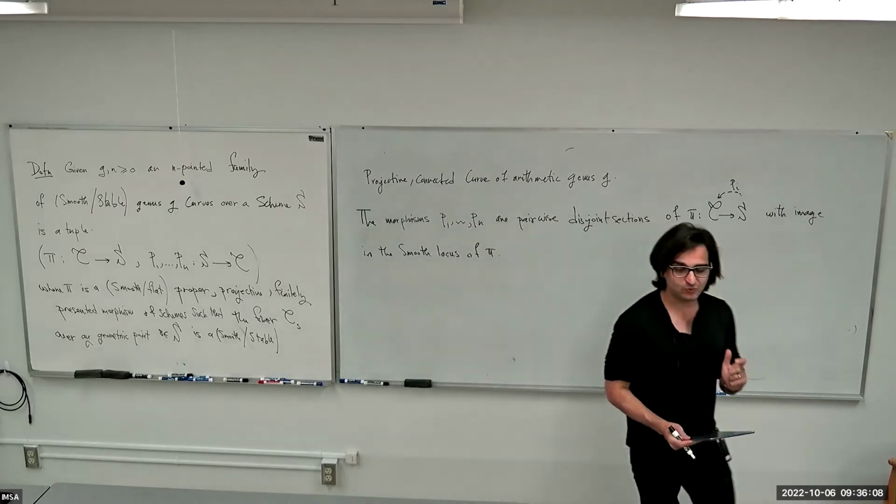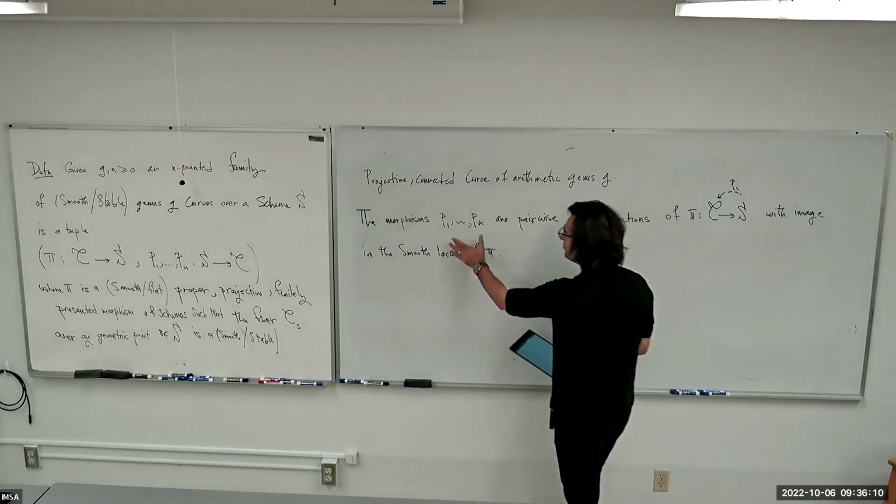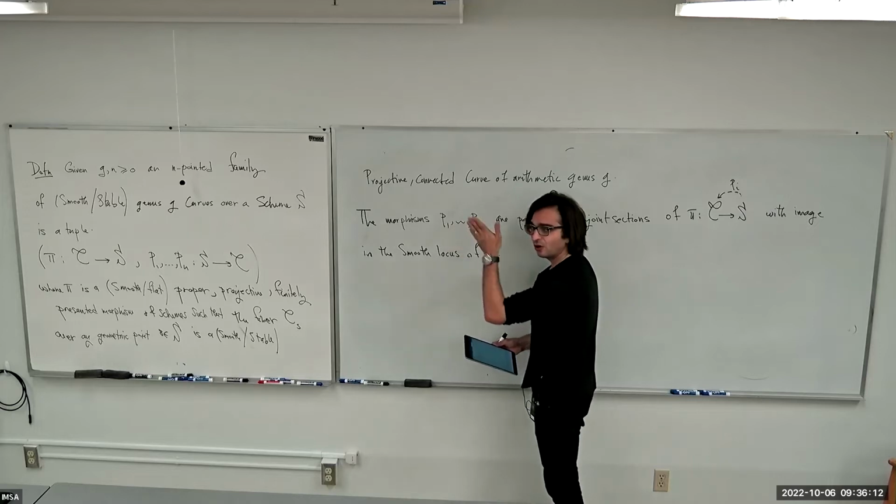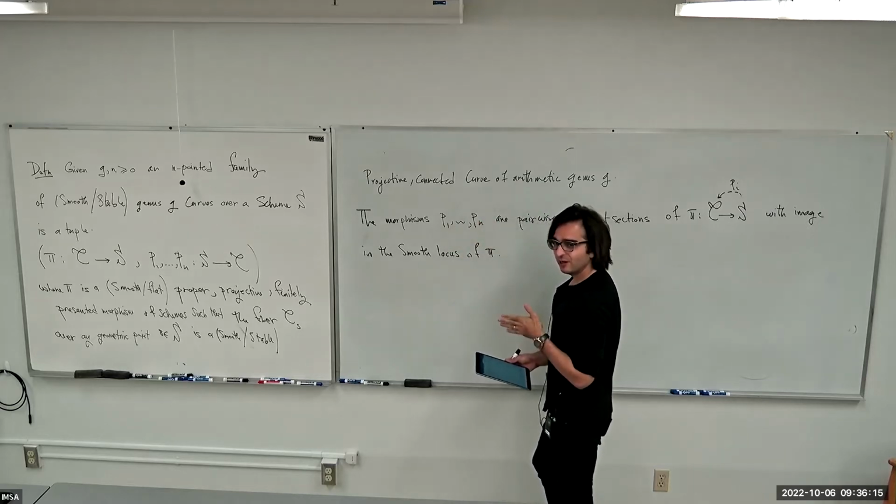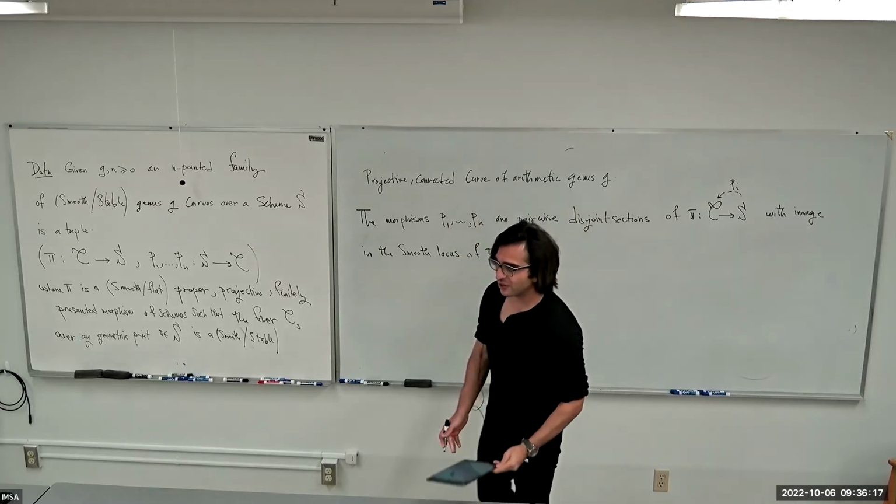So fiber-wise, P1 to Pn are going to be the mark points on the fibers. But think about it. You have a curve, think about one curve.